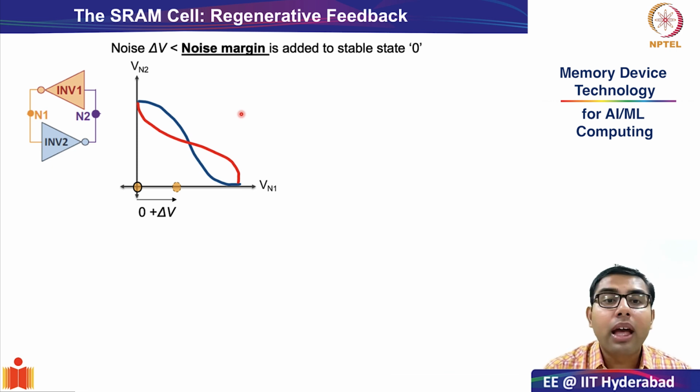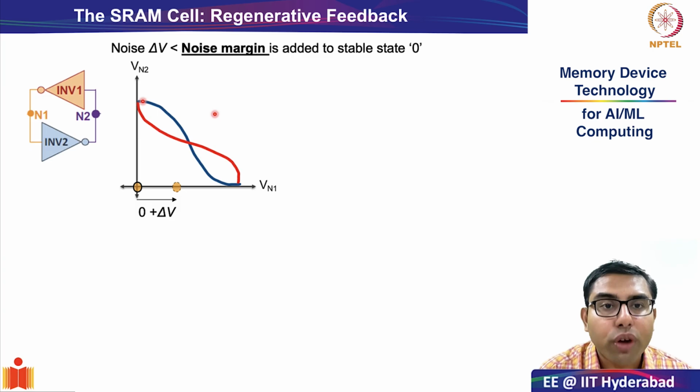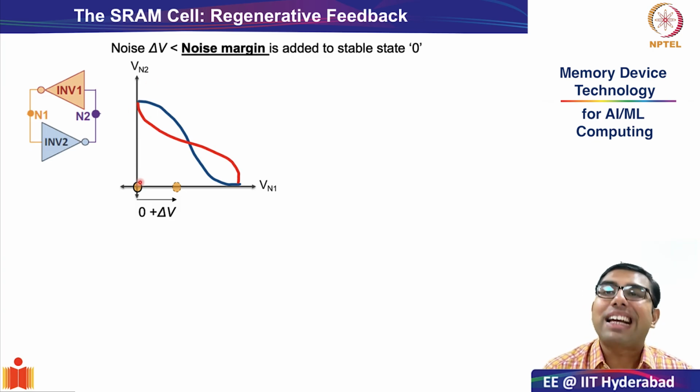And we will see how these hysteretic loops help an SRAM cell return back to its original state. So for this, we will consider that we were in stable state 0, which is that VN1, the voltage at N1, was 0 and the voltage at N2 was VDD.